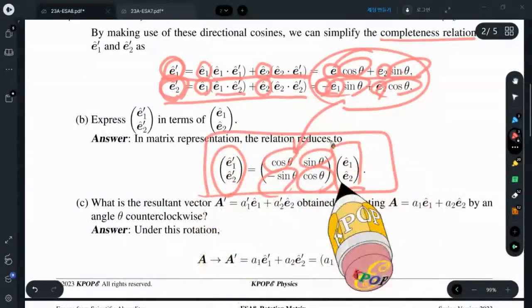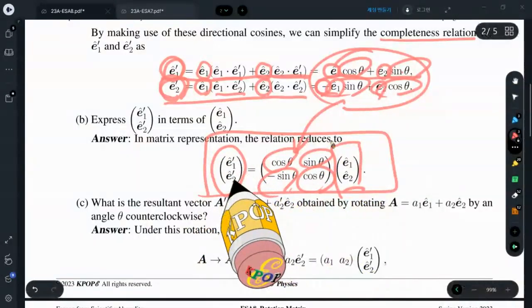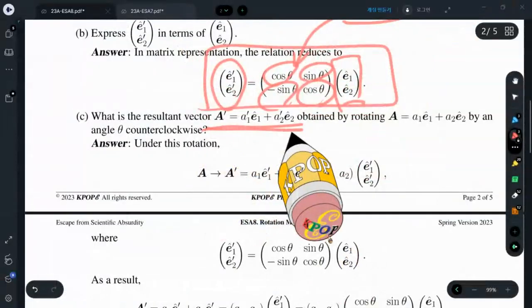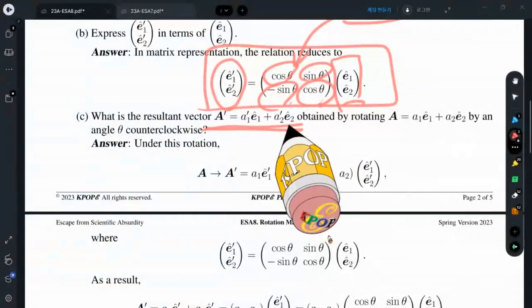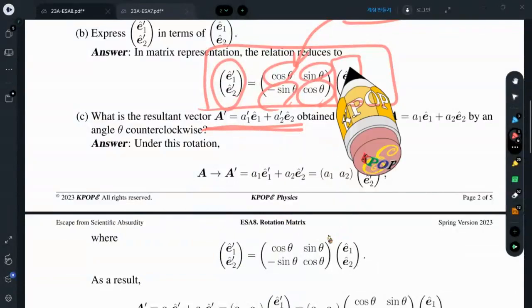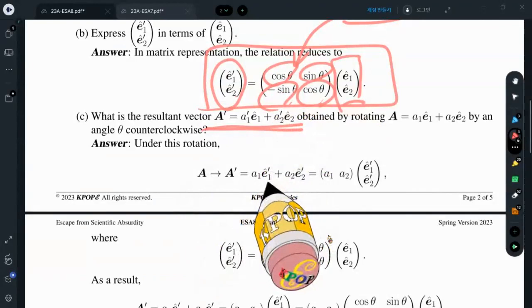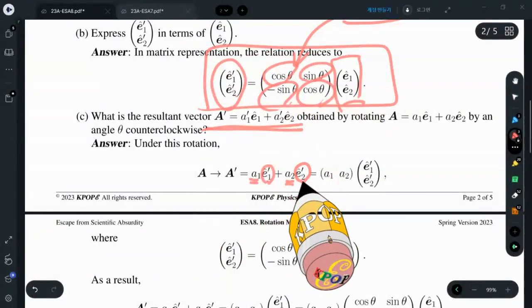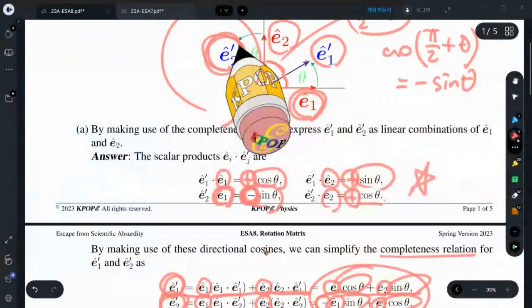So now I know how to convert the original basis vectors into rotated vectors. Now I'd like to find the new components after rotation, after applying this rotation. After rotating the unit vectors, components will be invariant and only the unit vector has been rotated from here to there, here to there.